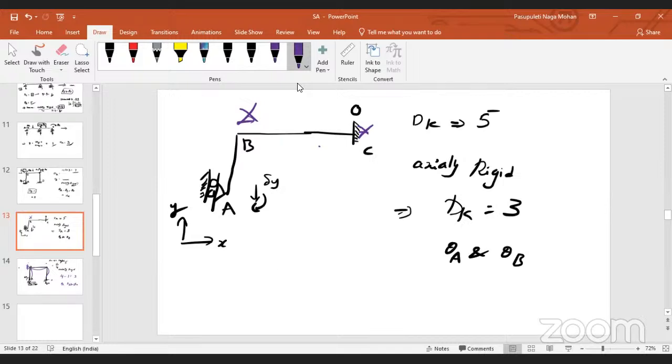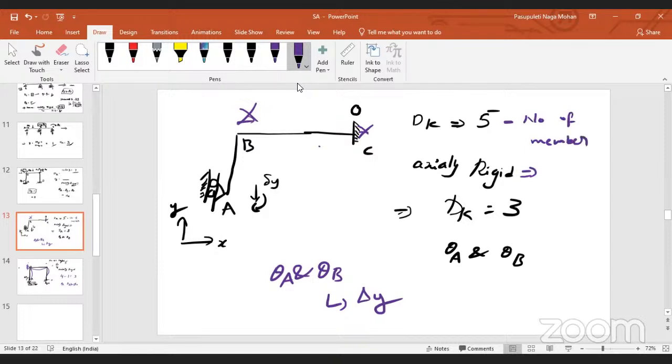So what are the unknowns? Theta A, theta B. In addition to it, delta Y. There is a formula: if you want to consider axially rigid members, total degree of indeterminacy minus number of members.